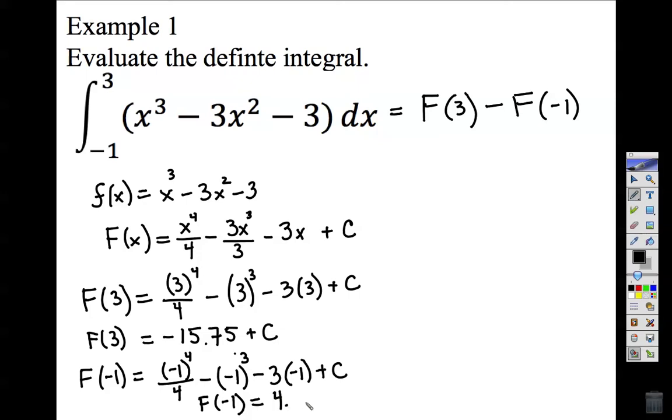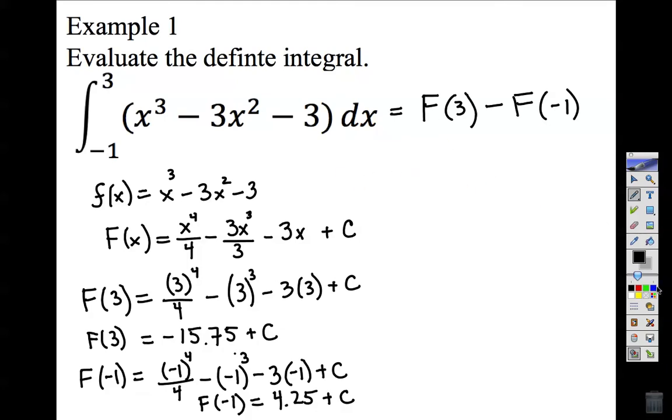This equals 4.25 plus a constant. Now I'm going to find this by substituting negative 15.75 plus c for F of 3 and 4.25 plus c for F of negative 1.